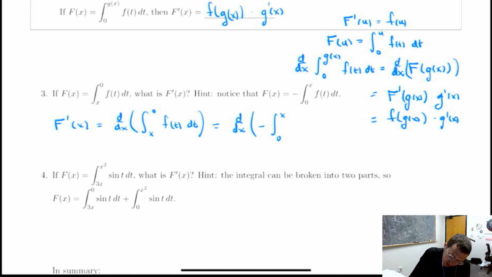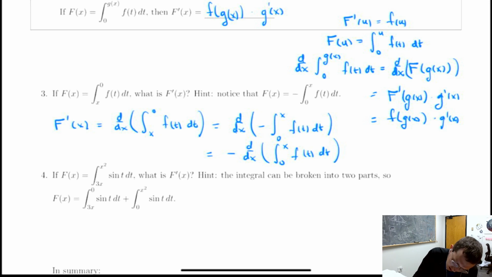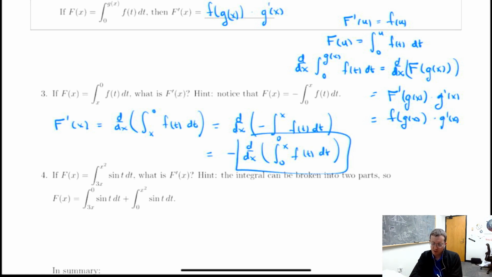I can switch the bounds if I throw in a minus sign, but minus signs can come outside of derivatives. And this is something I know how to think about. That's the result of question 1. We simply have x in the upper bound.